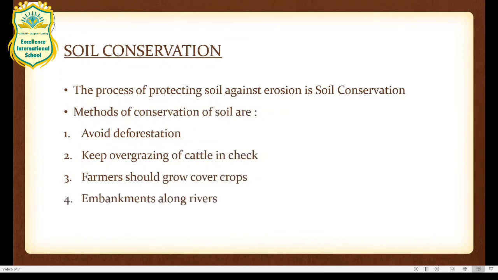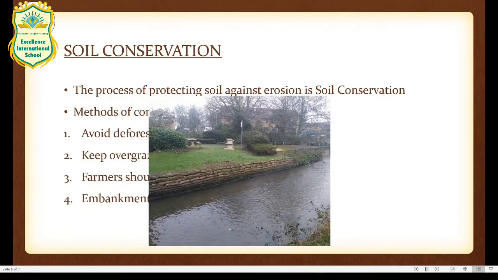Embankments along rivers. If there are no embankments over here, the river will go on expanding, and with its expansion it will take away the soil that is present on the river banks.